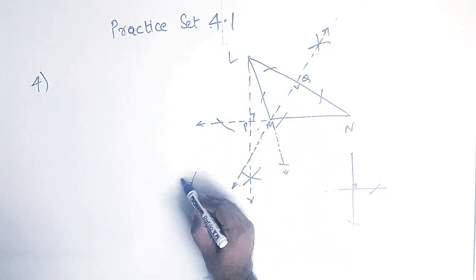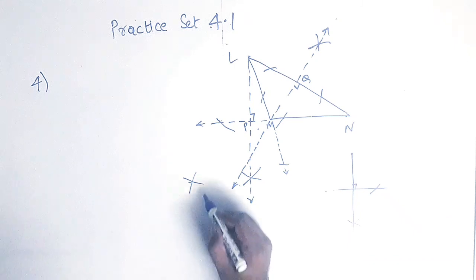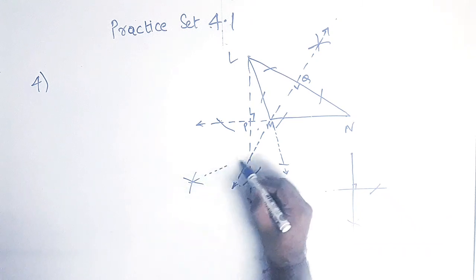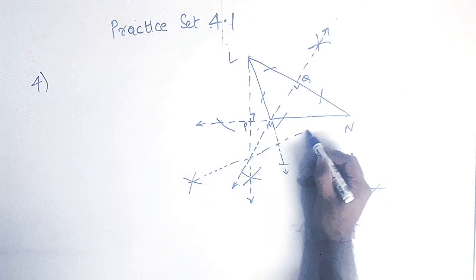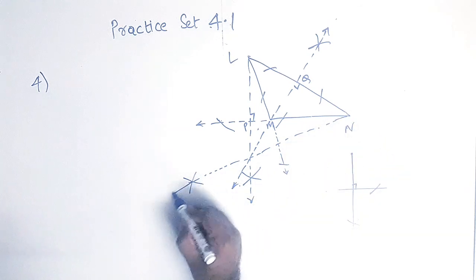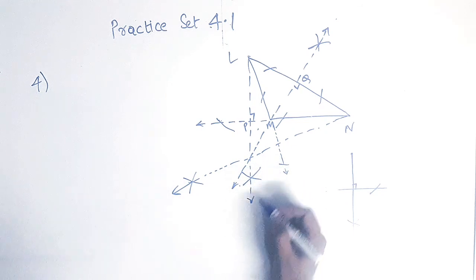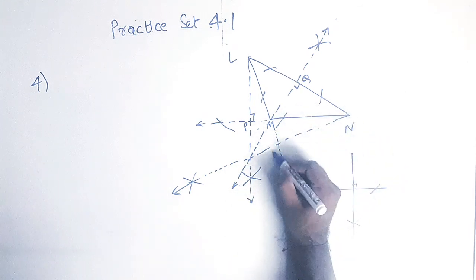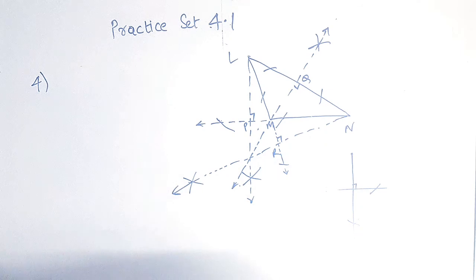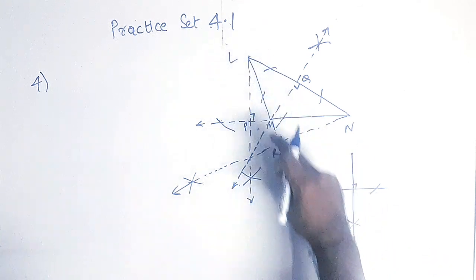From here we'll just draw this. If you join this, you will see these three altitudes. Now NR, this is the altitude. NR is the altitude of LM.